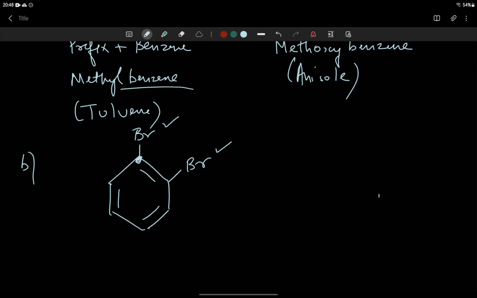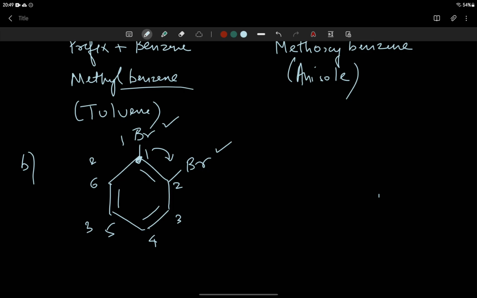So here in this benzene ring, the carbon atoms can be numbered in clockwise or anti-clockwise direction. It can be both. So if we go in the clockwise direction, like this, the substituents get the lowest number. But if we go anti-clockwise, then first one substituent will get the lowest number, but the other one will get the highest number.